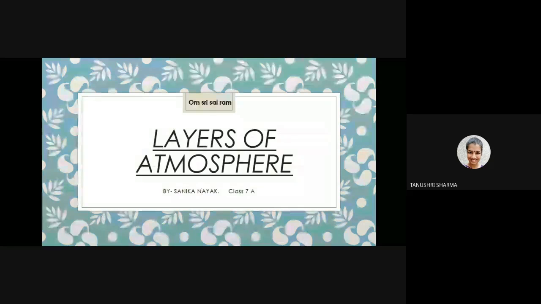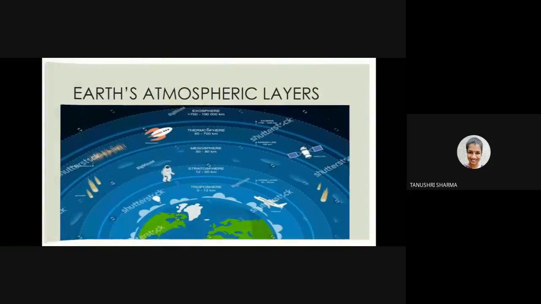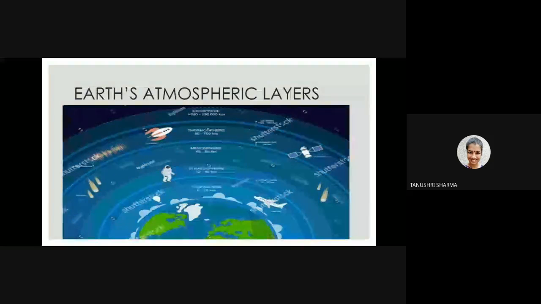My name is Sanika Nayak and my topic is layers of the atmosphere. Our Earth has 5 atmospheric layers: troposphere, stratosphere, mesosphere, thermosphere, and exosphere.